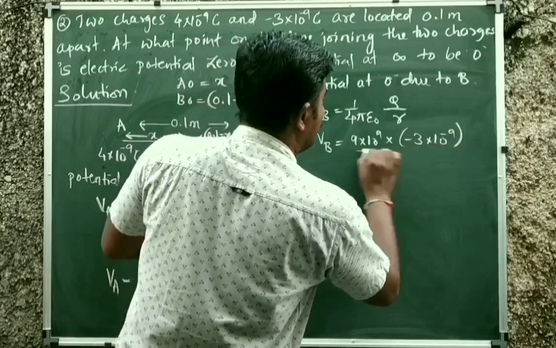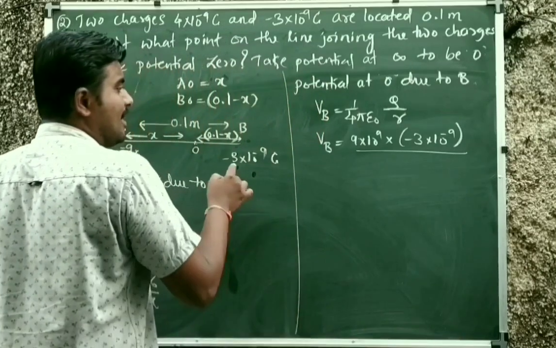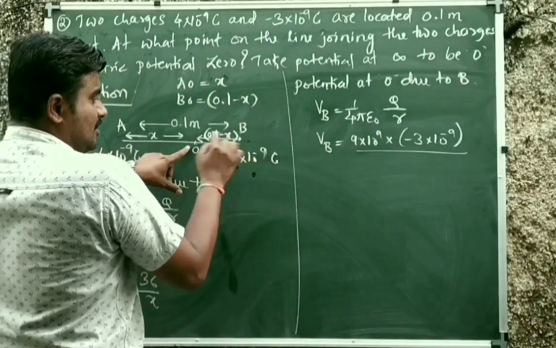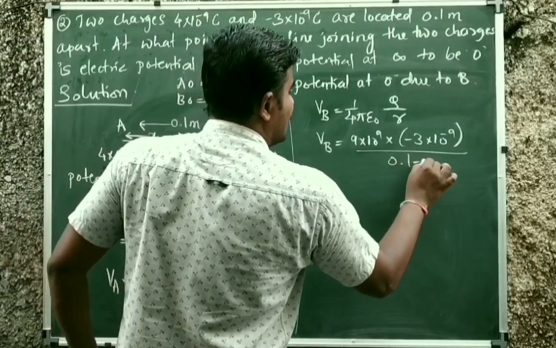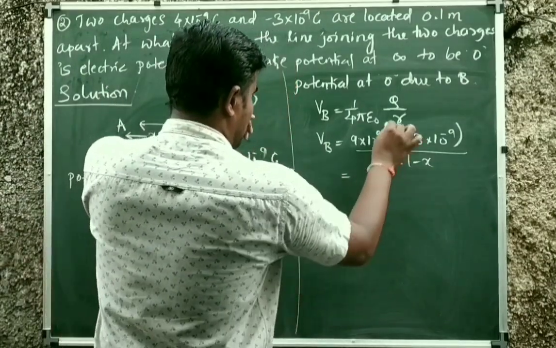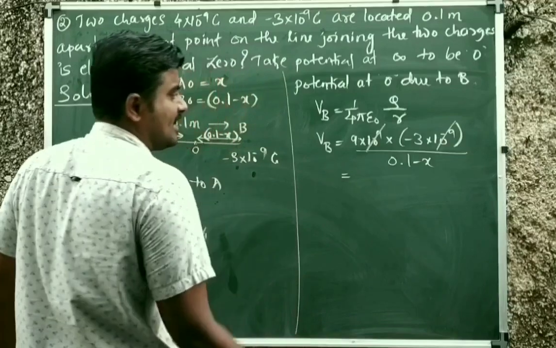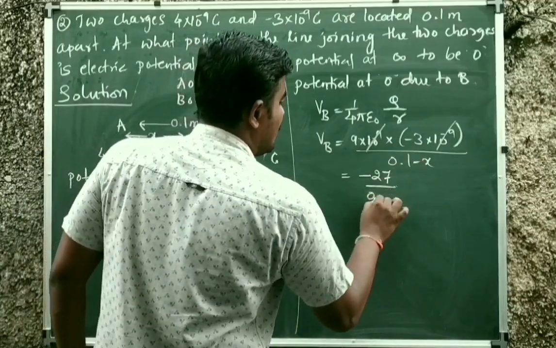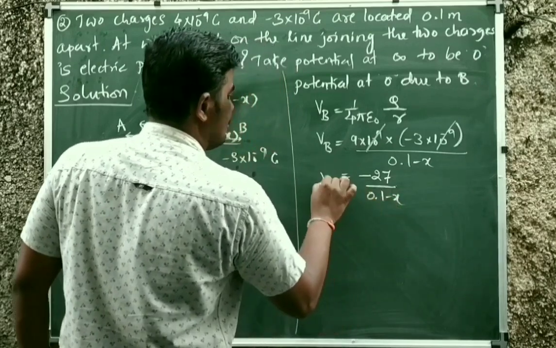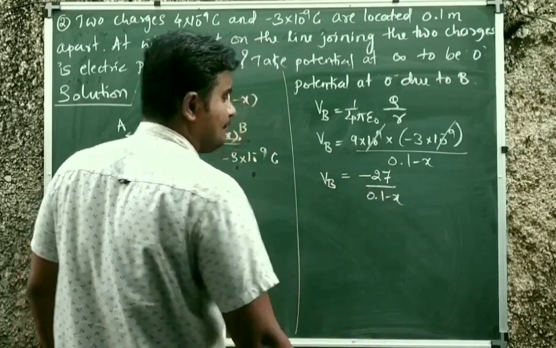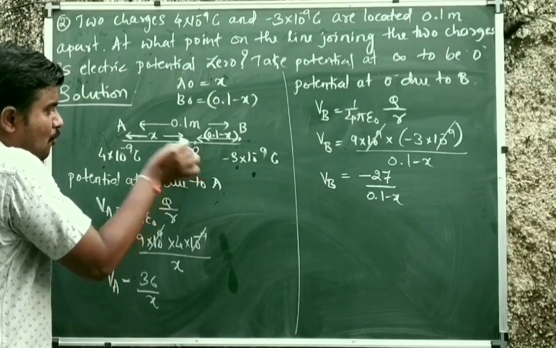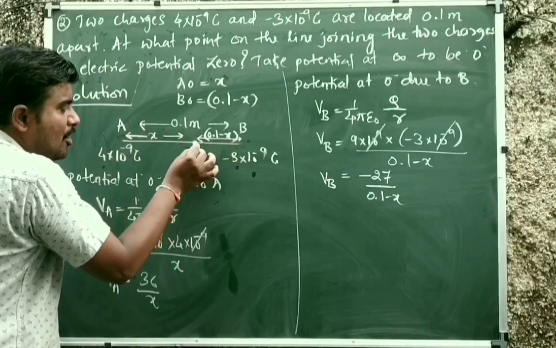So minus 3 into 10 to the power minus 9 divided by R distance, and this distance is 0.1 minus x. Once again 10 to the power minus 9 cancel. 9 3s are 27. So minus 27 divided by 0.1 minus x. This is VB.